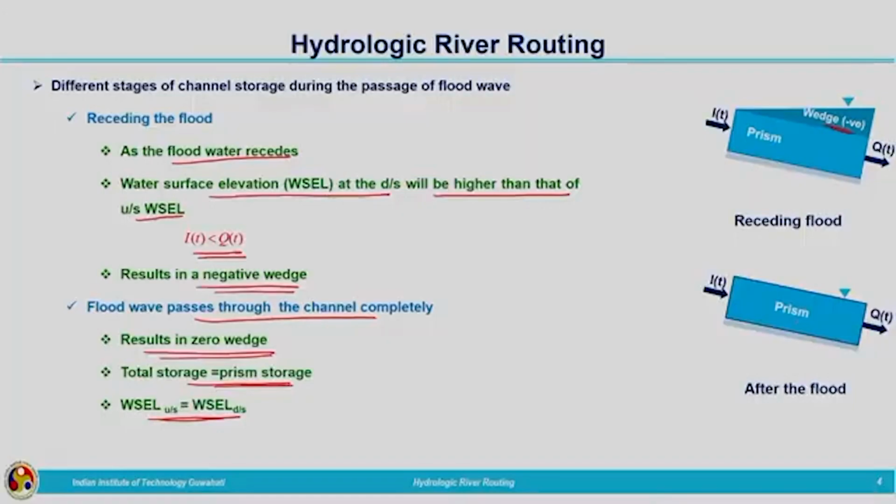At that time, the wedge storage will become 0 and the channel will be consisting of only prism storage. So, this is the case as that of the uniform flow condition, and at that time IT is equal to QT. From where we have started, we have reached there itself.